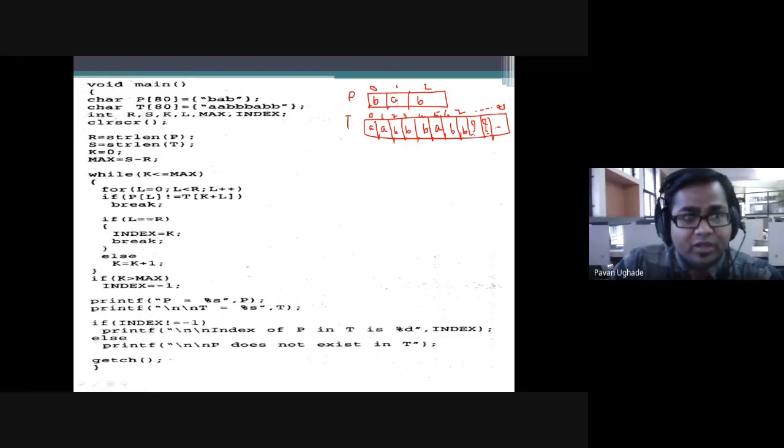Now, so these first two steps we have done. In the third step, it is asking us to consider R, S, K, L, max, and index. So here I'll do certain things.